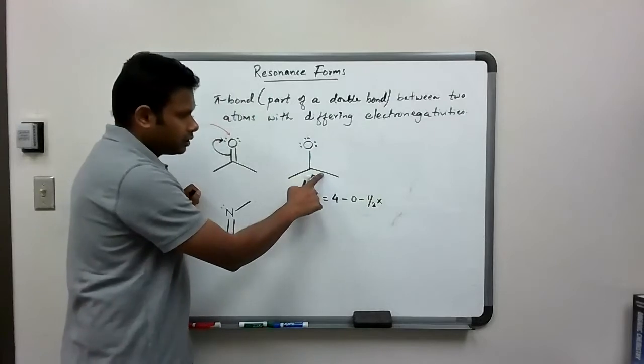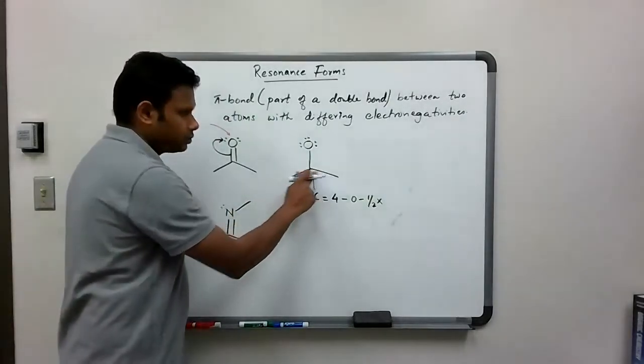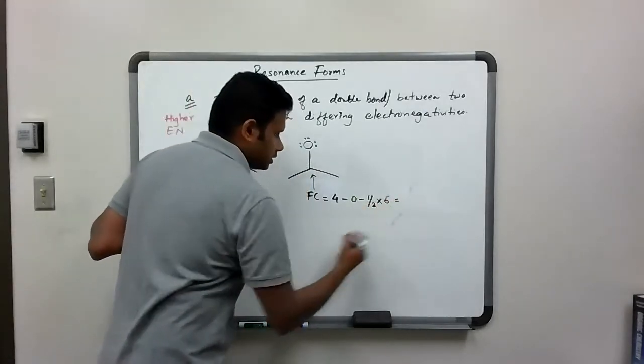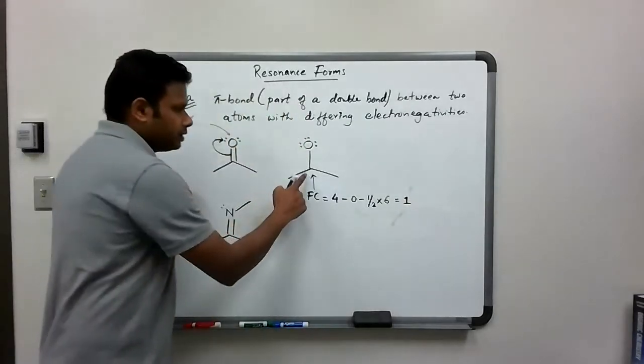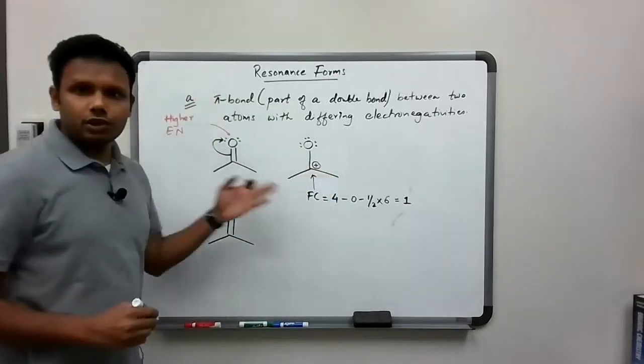There are three bonded pairs of electrons, so that's 6 electrons, 2, 4, and 6. So half into 6 comes out to 3. That means this carbon would have a positive charge on it.